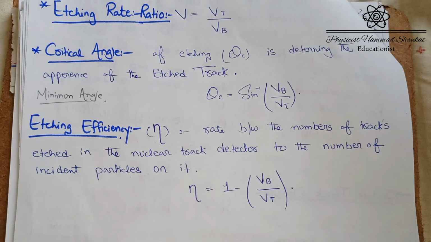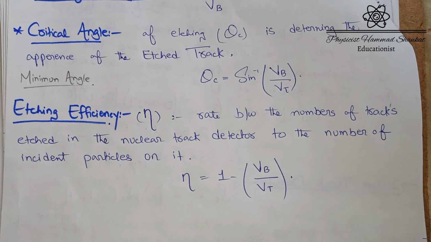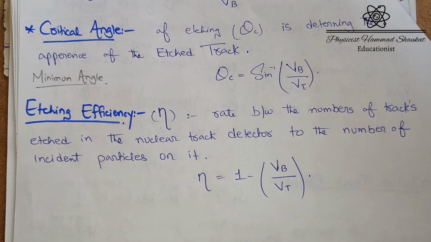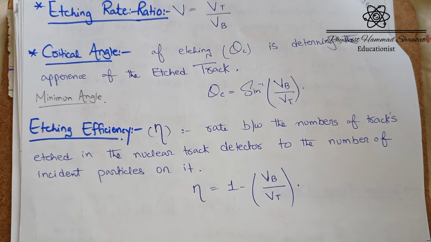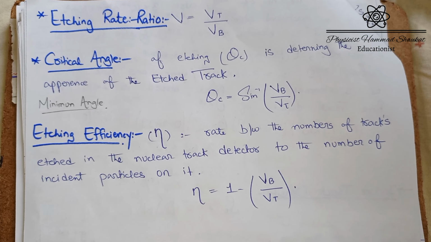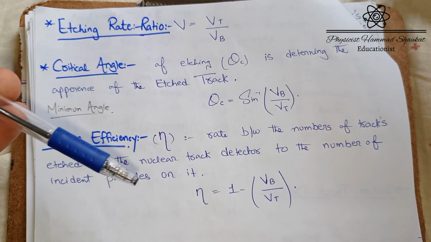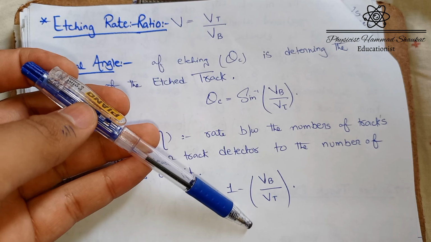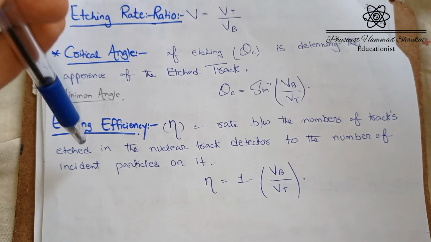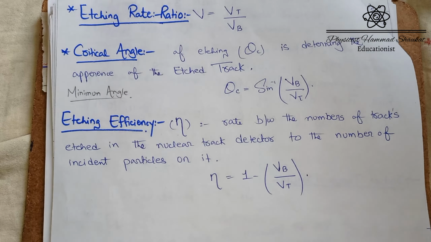Now lastly, what we have to discuss is the efficiency. What is the etching efficiency, denoted by the symbol eta? Etching efficiency eta is the ratio between the number of tracks etched in the nuclear track detector and the number of incident particles on it, so basically output divided by input. It is calculated by the equation eta equals 1 minus Vb by Vt.